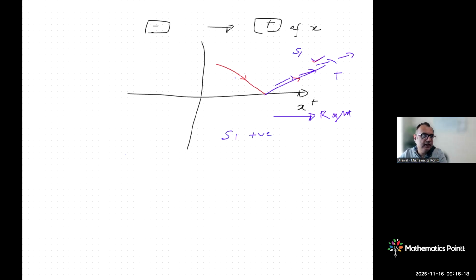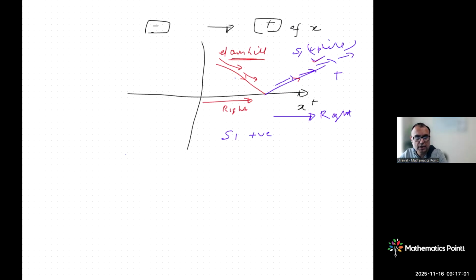Let's look at the red line. As I move along towards the right-hand side, I am going downhill. And obviously for S1, I was going uphill. So if I'm traveling downhill when I'm going from left to right, the slope is considered to be negative.